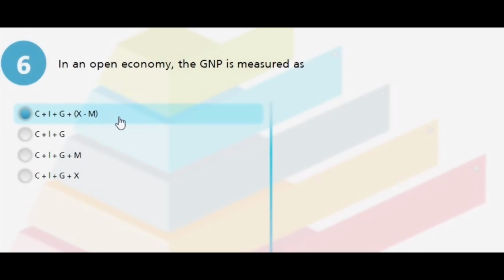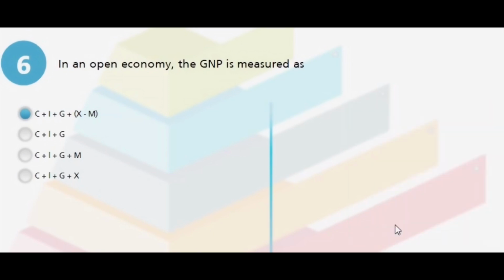C in the formula represents the consumption expenditure, the I represents the investment expenditure, and the G represents the government expenditure, while the X minus M is net export. Alright, that's export minus import value. So the right answer, take note of this, is A.